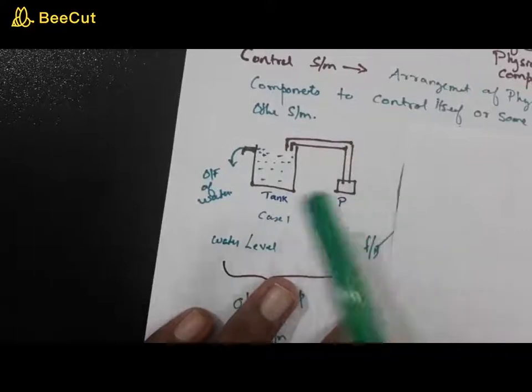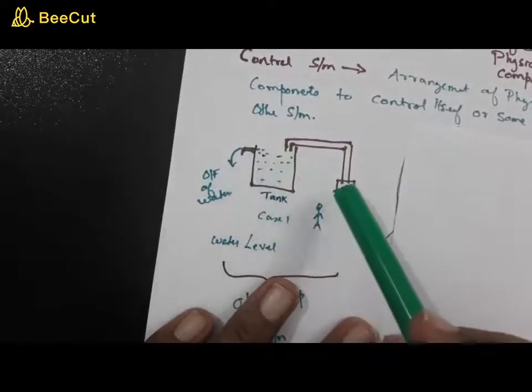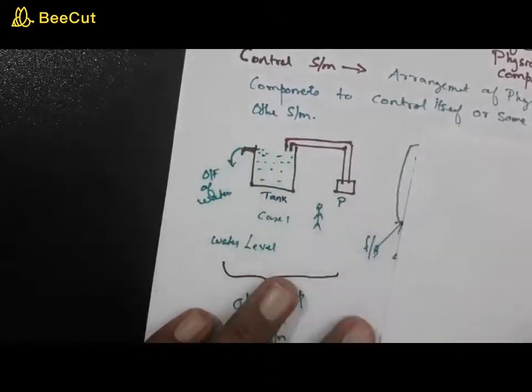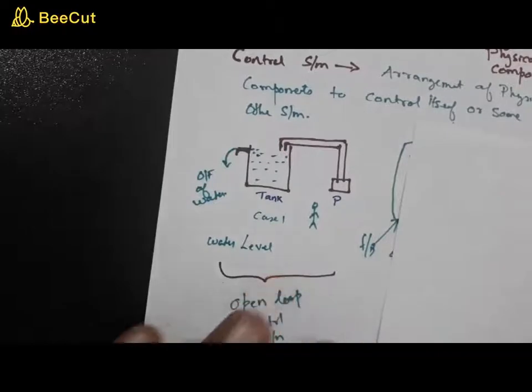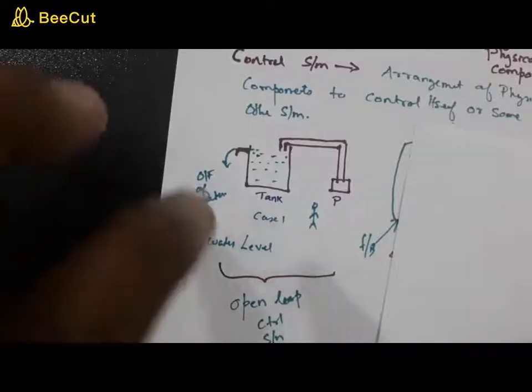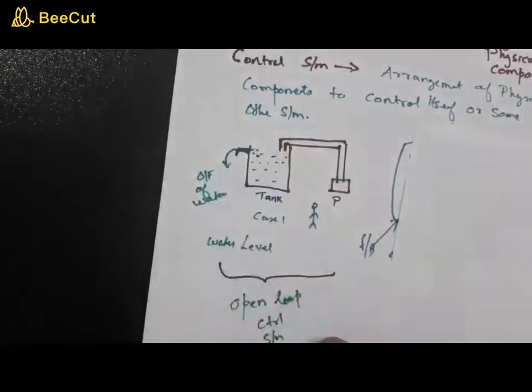Not only that, you can ensure that the tank gets filled with water, as well as the pump is switched off before the overflow of water. That's the only way by which you can make it accurate. So one of the problems of this open loop system is it's not accurate, but if that system is suitably calibrated, then you can have an accurate result.